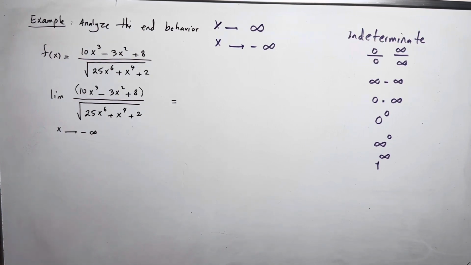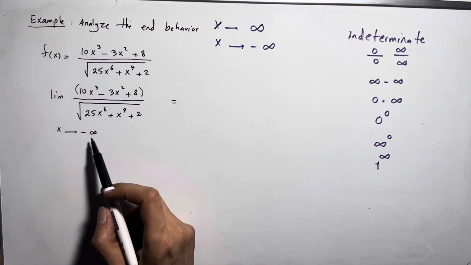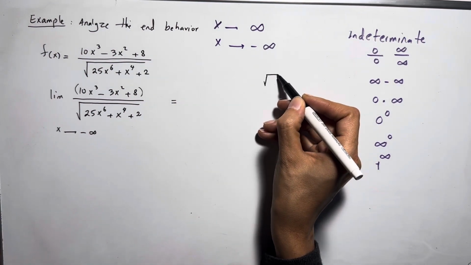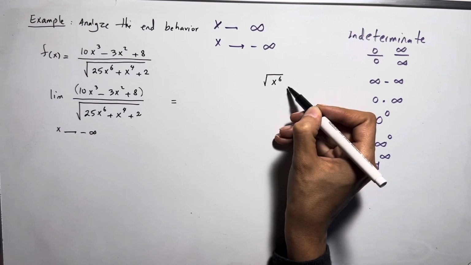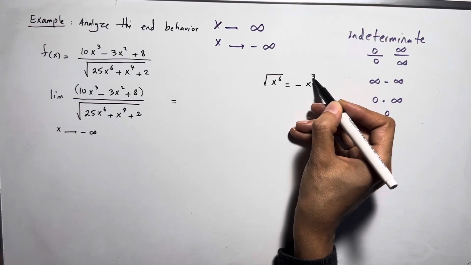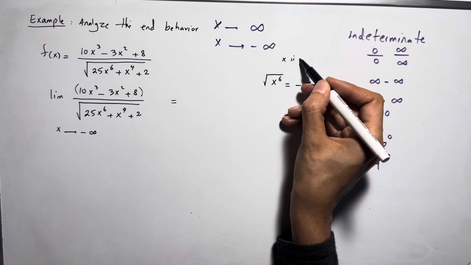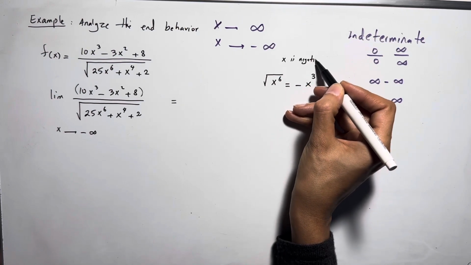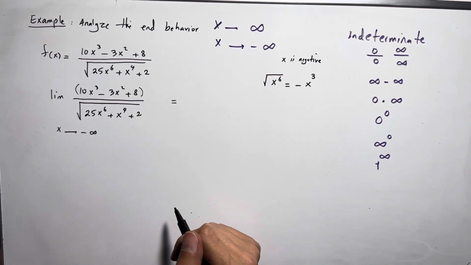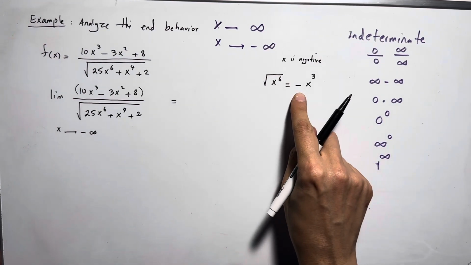Very good. So remember that when x goes to negative infinity, the square root of x to power 6 is equal to minus x to power 3 if x is negative. Perfect. So what are you going to do? You're going to basically divide by negative x cubed.